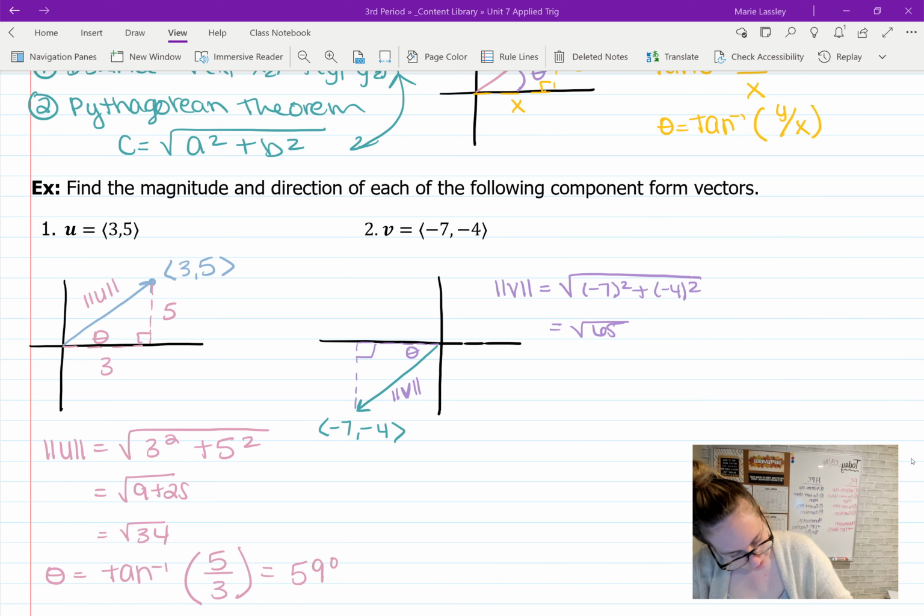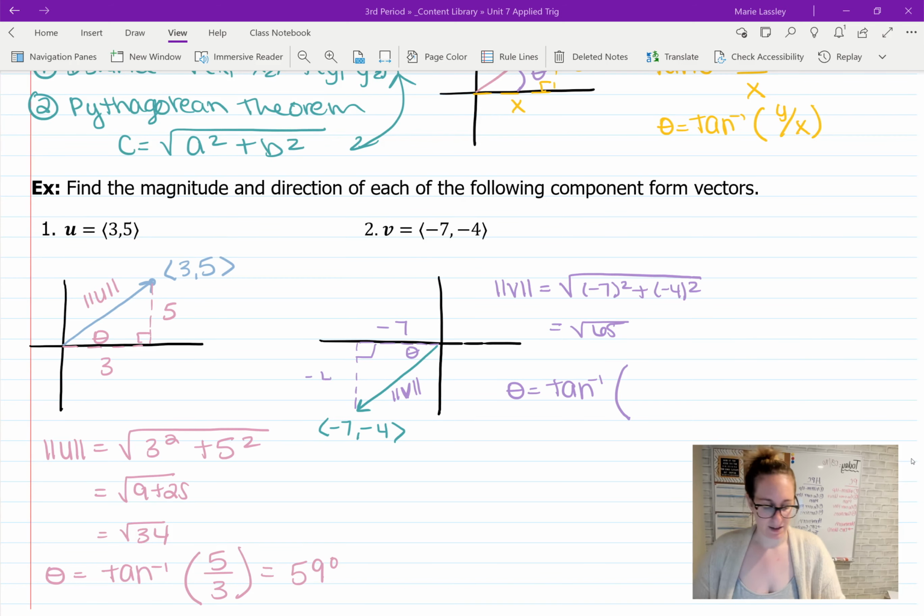For theta, same deal. Inverse tangent of opposite over adjacent. So x is -7, y is -4. So -4 over -7. Theta is going to be second tangent of -4 divided by -7.